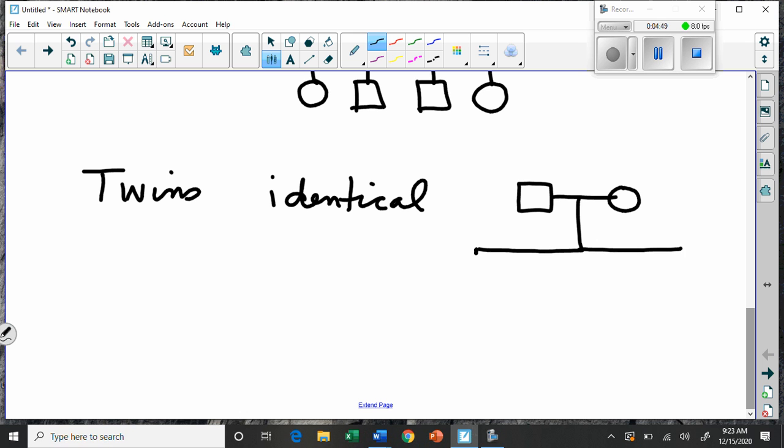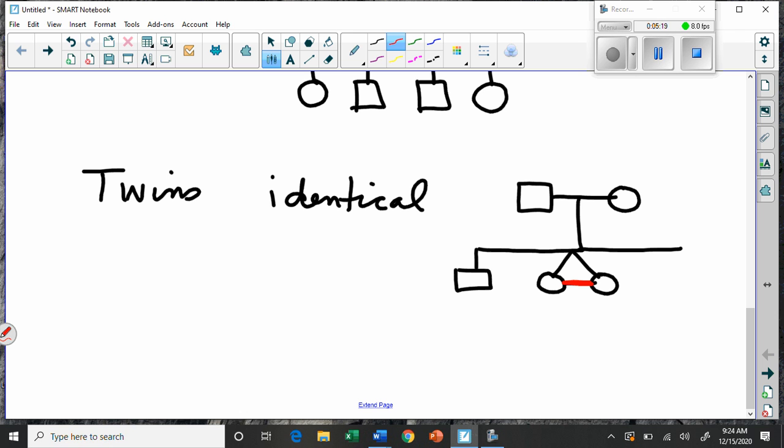Now maybe they had an older child who was a female, and then they had two identical twins. Well, if they're identical, they'd have to both be the same. So let's say they were both girls. If they're twin girls and they're identical, we draw the line like that. So it's like a little triangle instead of just a single line. And you'll notice that the line between the two, this line right here in red, that's joining them.